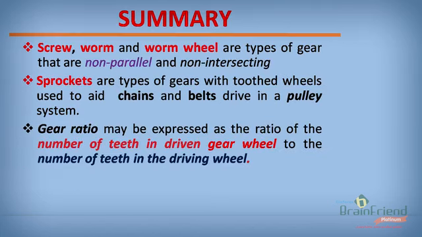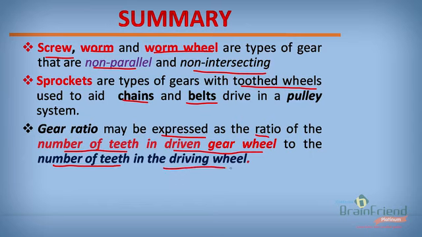Let's look at the summary of what we've learned so far. We learned that screw, worm, and worm wheel are types of gears that are non-parallel and non-intersecting. Sprockets are types of gear with toothed wheels used to aid chains and belt drive in a pulley system. We also learned that gear ratio may be expressed as the ratio of number of teeth in driven gear wheel to number of teeth in the driving wheel.